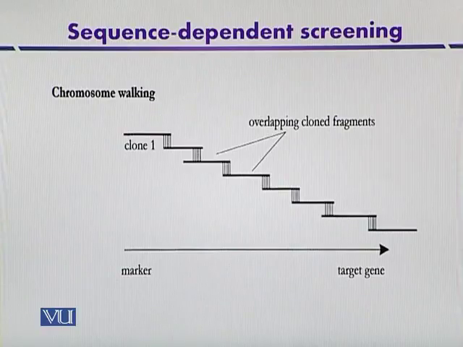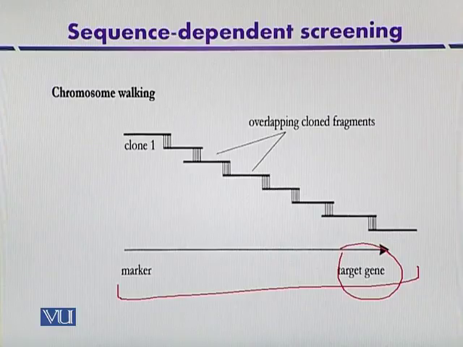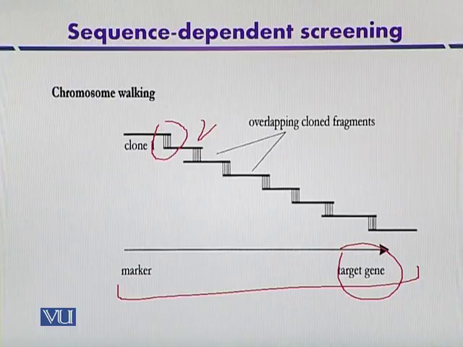This diagram also indicates chromosome walking, where we can detect overlapping DNA fragments. Suppose this is a DNA fragment here, and this is our target gene, and how can we go towards our target gene? This is the first clone that has overlapping ends with the next clone. The first clone is used to detect the second clone, and then the second clone has overlapping ends with the next DNA fragment.